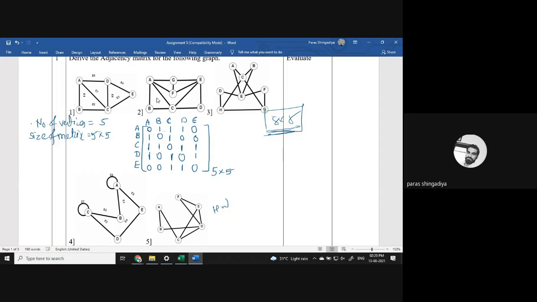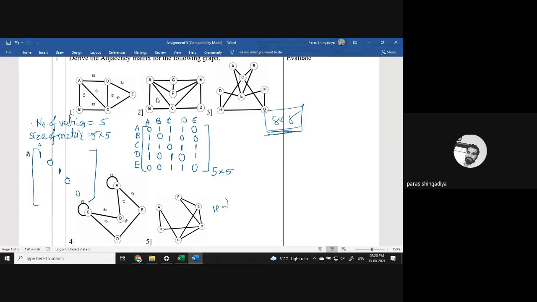Then in the fourth graph, there are 2 loops given. 5 vertices only, but 2 loops are at the places A and C. Clear? So when we consider the 5 cross 5 matrix, the A to A entry will be 1 here, and the second is the C to C entry, which will be 1. The rest of the diagonal entries will be 0.